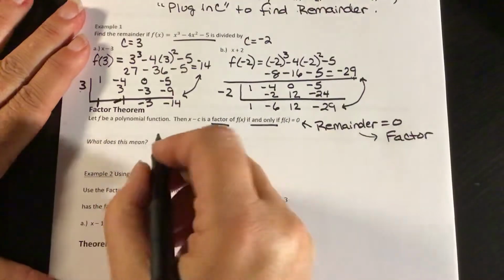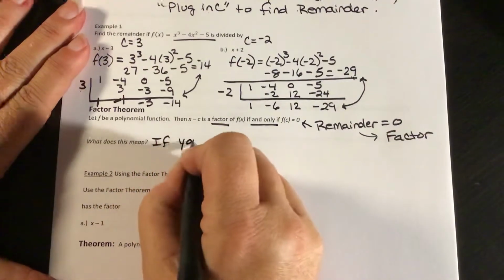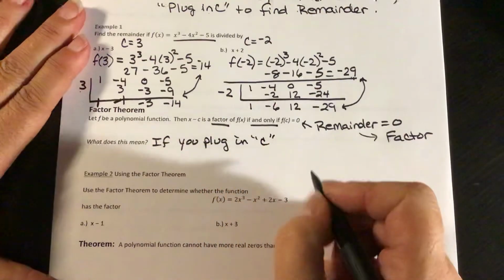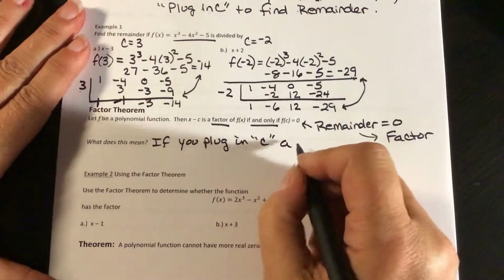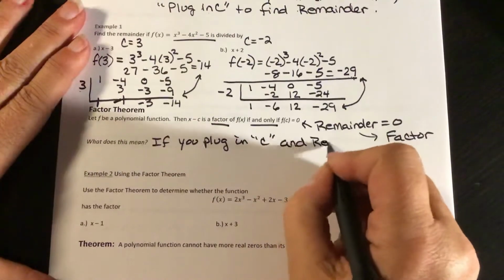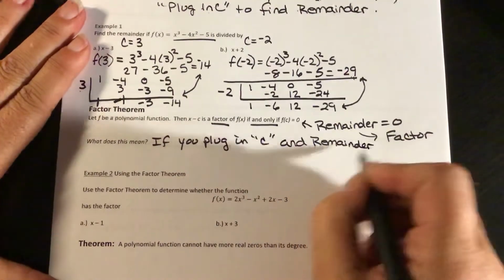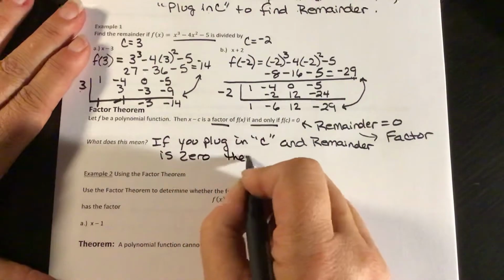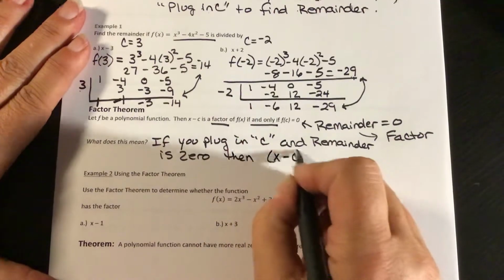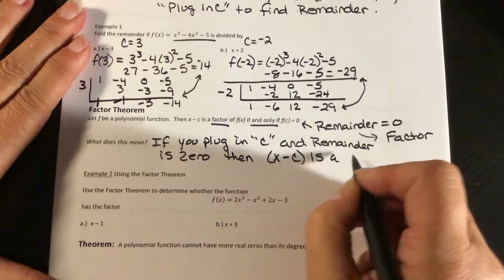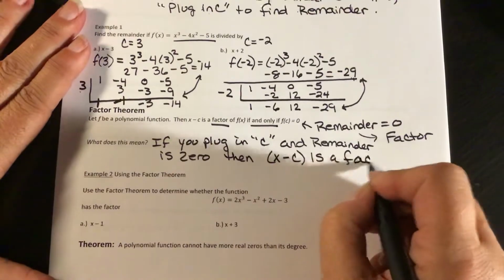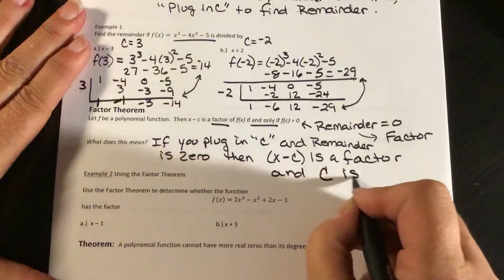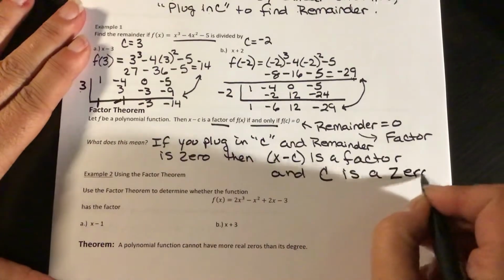If you plug in c, and the remainder is 0, then x minus c is a factor, and c is a 0.